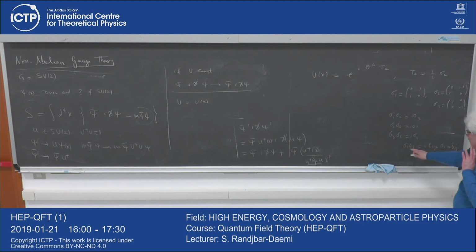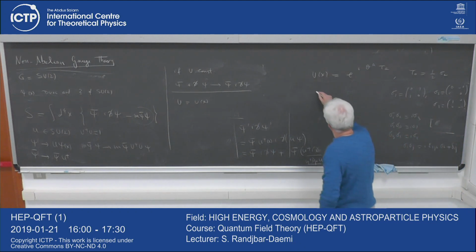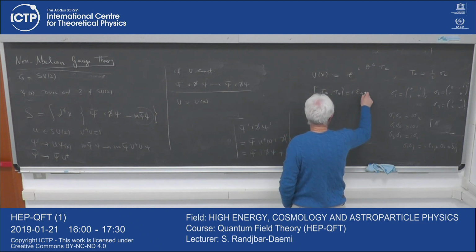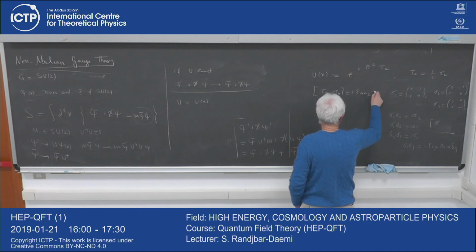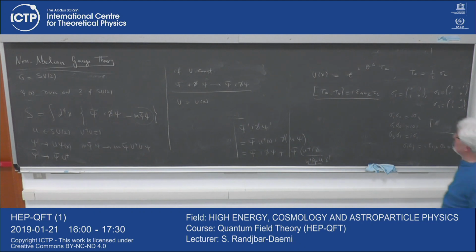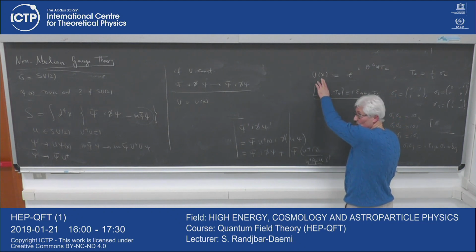If i and j are equal, that's sigma squared, that's 1. If they're different, then that's 0, and it's these ones. You need to put this 1/2 in front in order for them to satisfy tau a tau b is i epsilon abc tau c. Now, when I say this is a function of x, it means these parameters are functions of x. This is the meaning of U. This is a 2 by 2 unitary matrix.